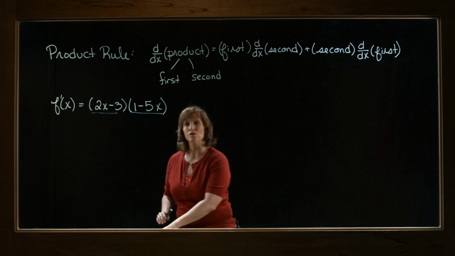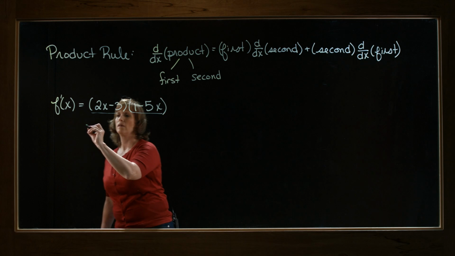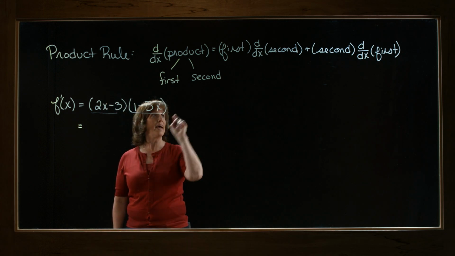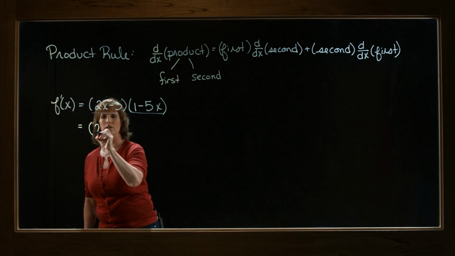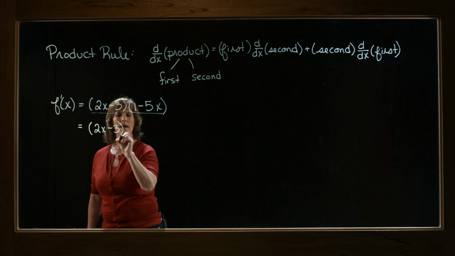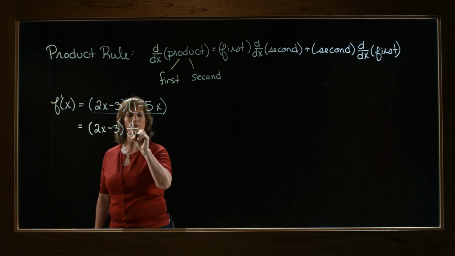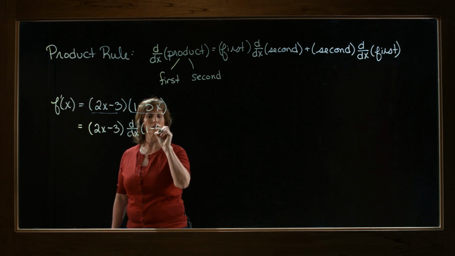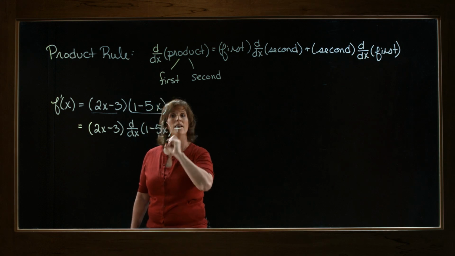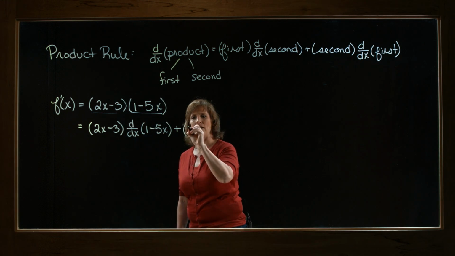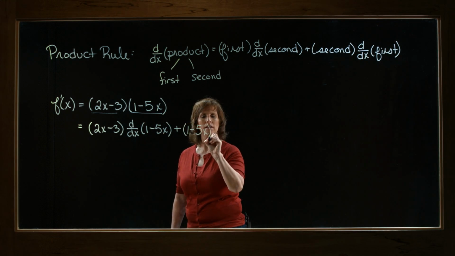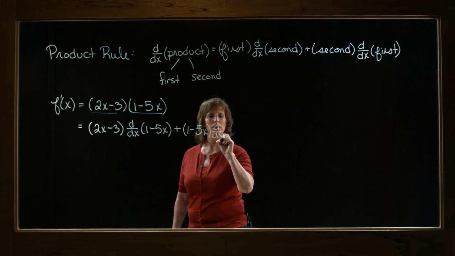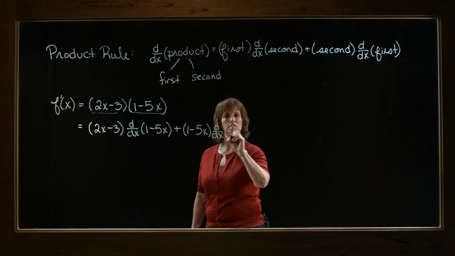So I'm going to use the product rule. The product rule, again, says to take the first, 2x minus 3, and multiply it by the derivative of the second factor. Then add that to the second factor times the derivative of the first factor.